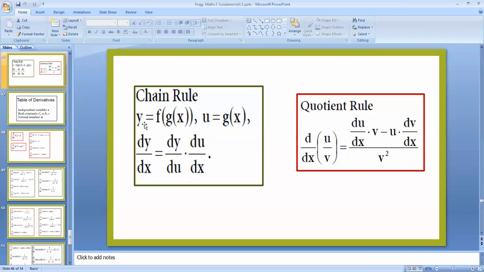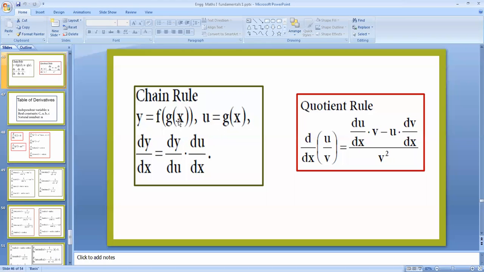So y is a function of g of x. It is an ordinary function. So y depends on x only. But first you go towards f and then g and then finally to x. So y is a function of u again.